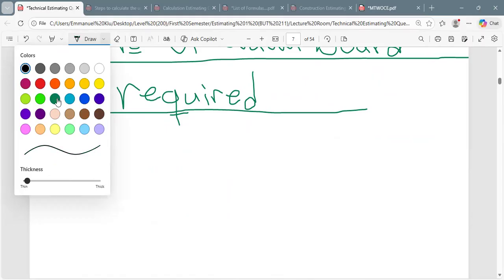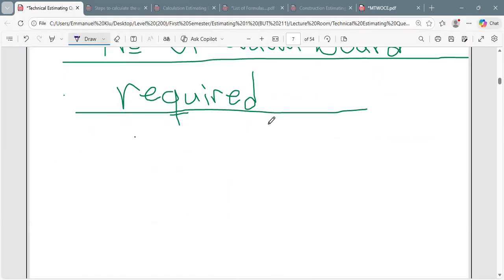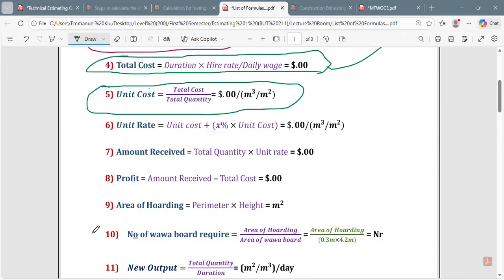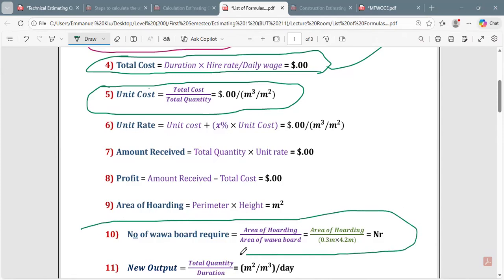What is the formula for calculating for that? I'll show you now. This is it. If you want to calculate your number of Wawa board required, this is the formula you can use. It's equal to the area of hoarding over the area of a Wawa board. The area of a Wawa board, I've provided you the value, is 0.3 meters times 4.2. Okay, good. So you have to know this.